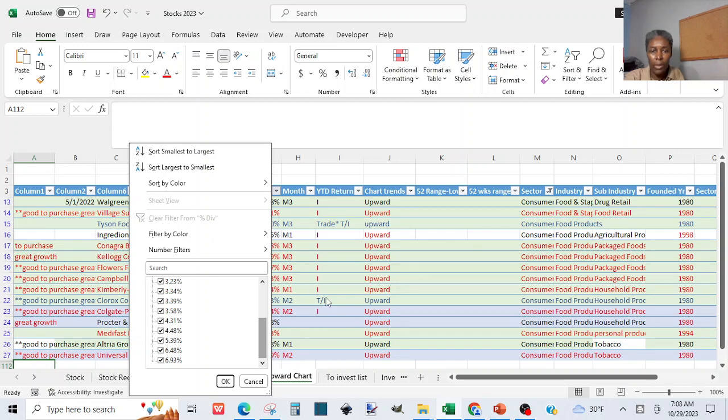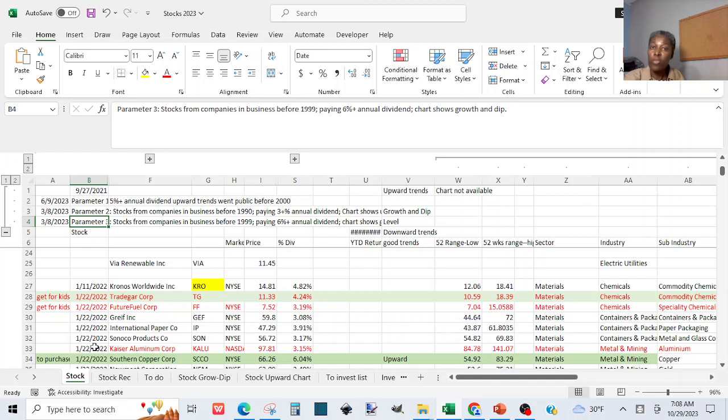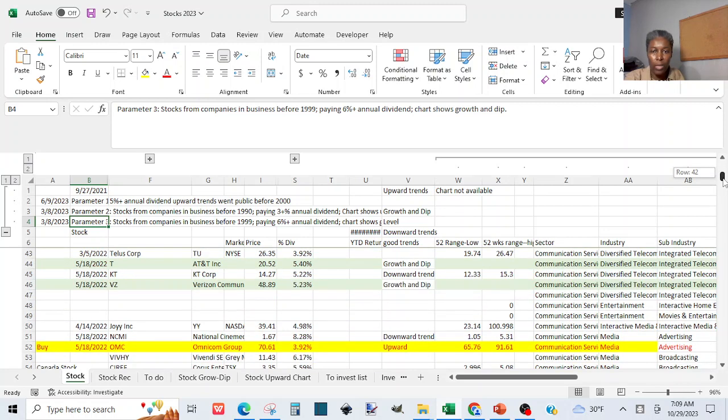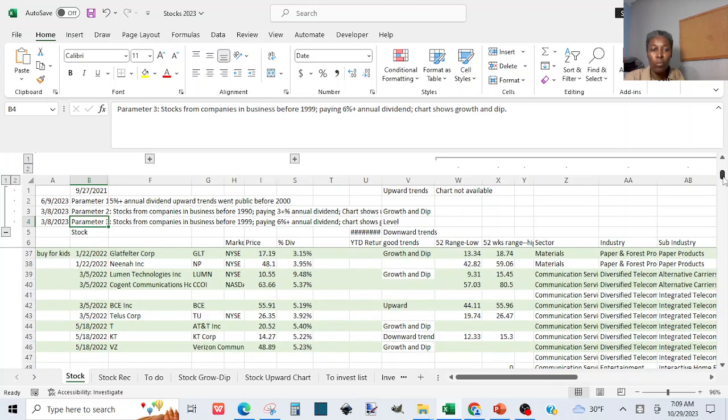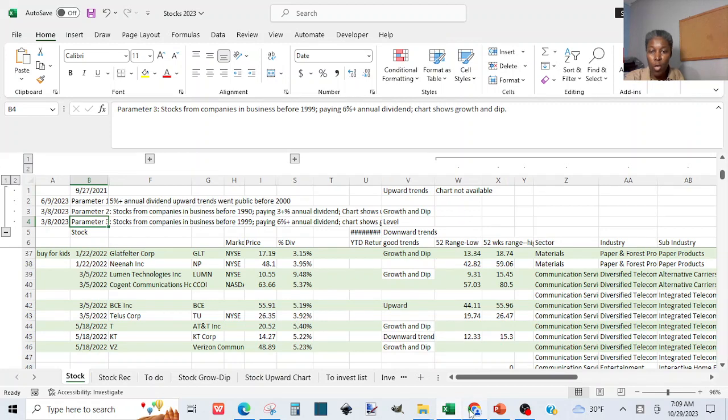Once you go through all the stock markets, all the sectors, all the industries, all the sub-industries, applying your filter and putting those stocks on your spreadsheet, you'll have your master list that you can now divide into smaller lists based on whatever criteria you aim for.